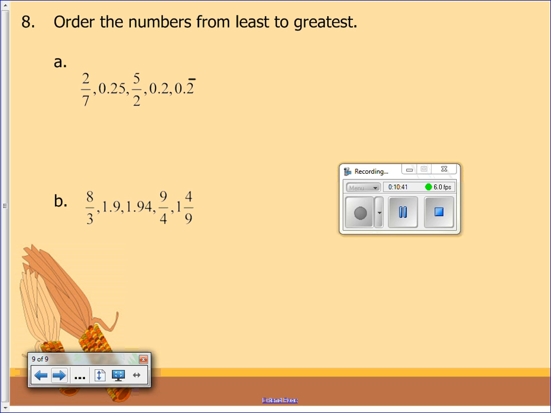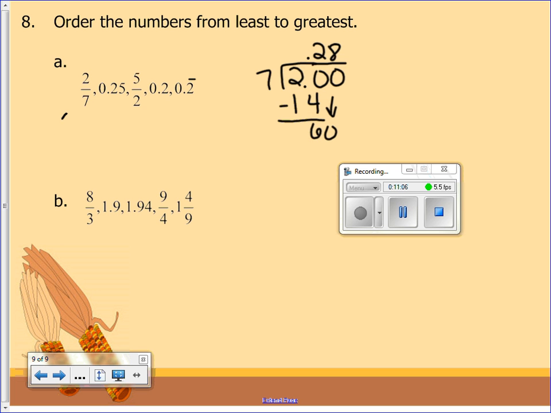So we're going to take 2/7, put it in decimal form first. Now, I'm comparing these decimals. For the purpose of this problem only, I'm going to just go out 2 decimal places so that I can compare 2/7 to 25/100.